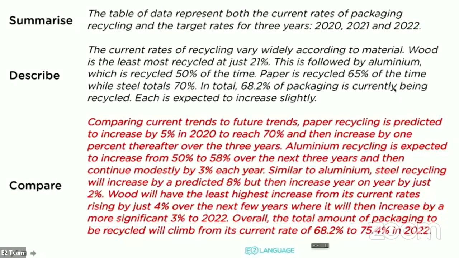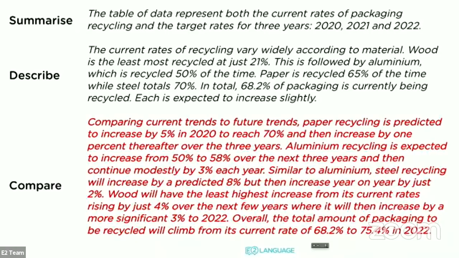Mine says, comparing current trends to future trends, paper recycling is predicted to increase by 5% in 2020 to reach 70% and then increase by 1% thereafter over the 3 years. Aluminium recycling is expected to increase from 50 to 58% over the next 3 years and then continue modestly by 3% each year.